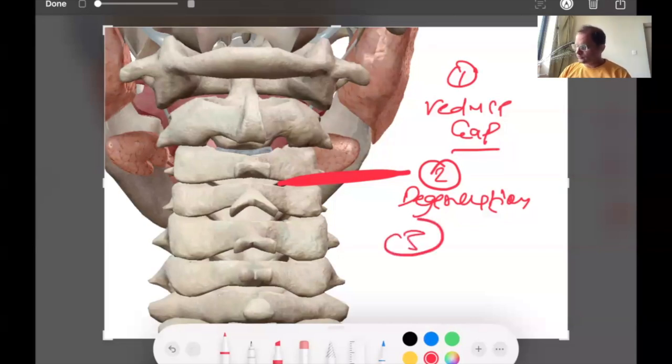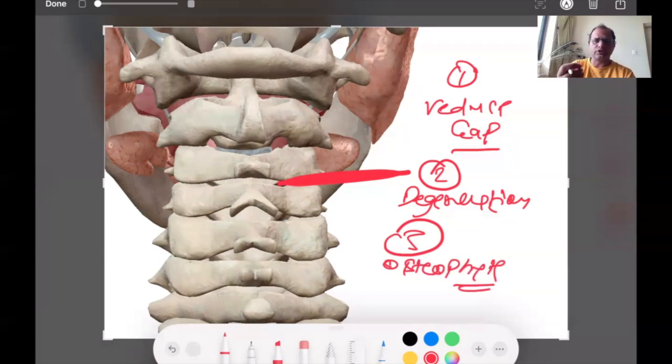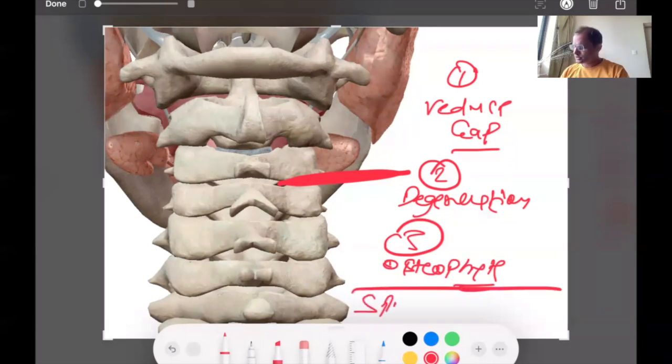Now the third thing, there is a formation of sprouts or osteophytes. Osteophyte बनेंगे. Osteophyte means like sprouts, formation of sprouts. So this is the second condition that is called spondylosis, which will take a few months. ये कुछ समय लेगी.